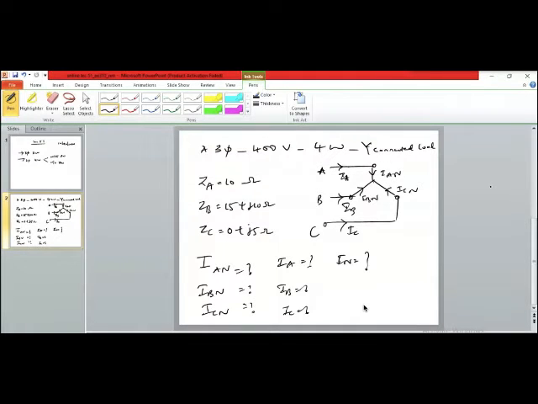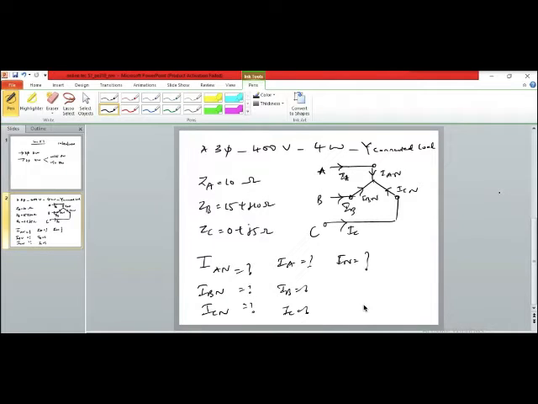So the line currents are the same as phase currents in the star connection, whereas line voltages are the same as phase voltages in delta connection. That is, voltage remains the same across phase and line in a delta connected system, whereas in a star connected system the line currents remain the same as the phase currents.